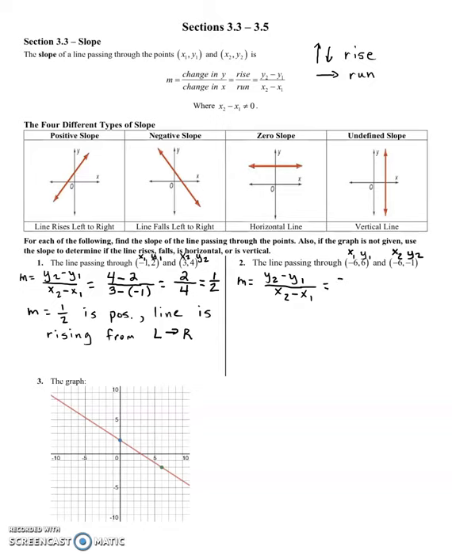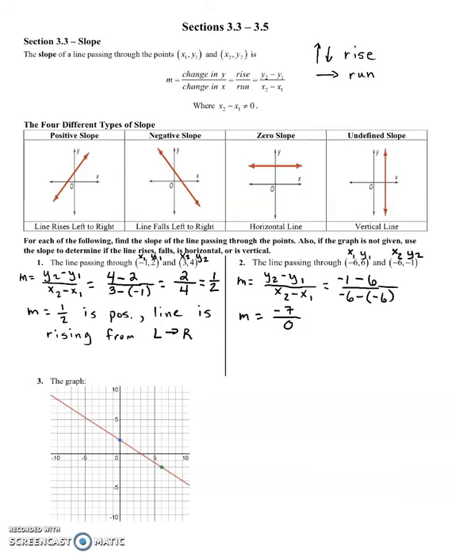So y2 is -1 minus y1 is 6 divided by x2 is a -6 minus x1 is also a -6. So that gives us -1 minus 6 is -7. -6 minus a -6, remember that's like -6 plus 6, which is 0.